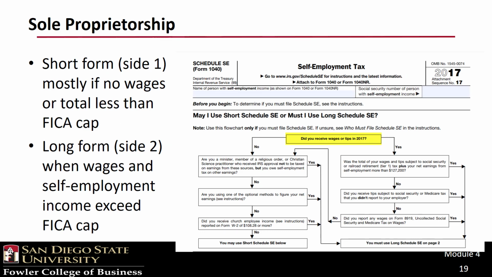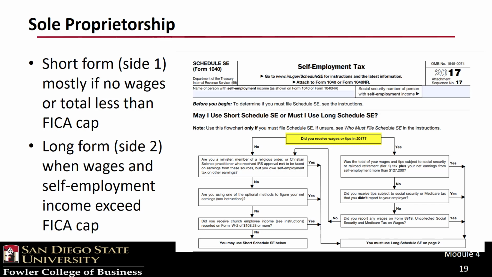Self-employment taxes are reported on Schedule SE, which has a long version and a short version. The long version is for a taxpayer with both wage and self-employment income that exceeds the FICA cap, so that more than the maximum amount of Social Security is not charged.